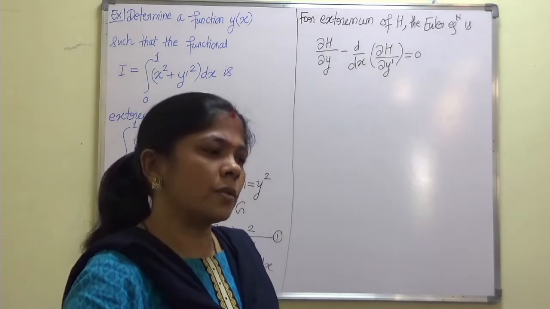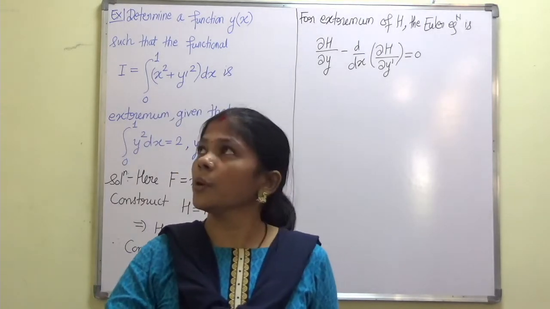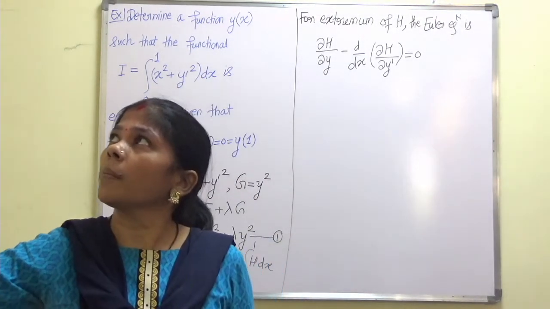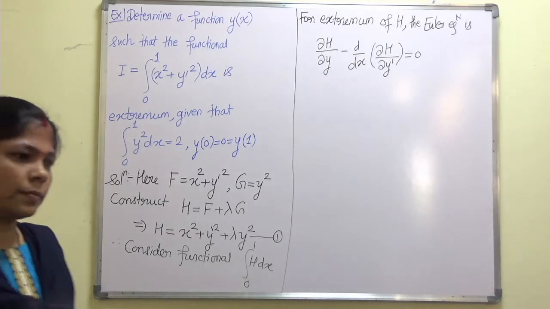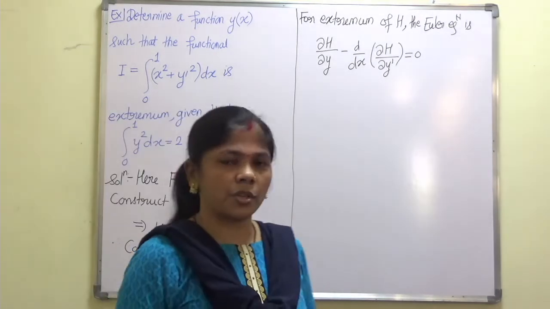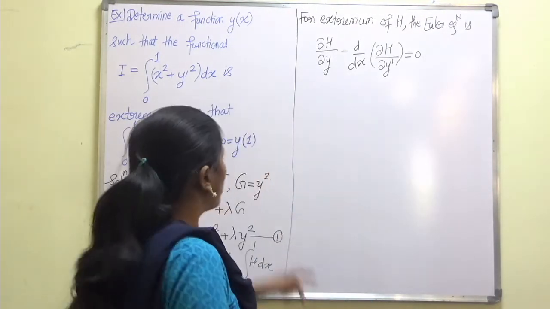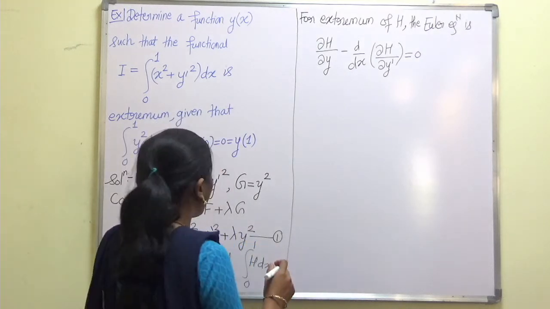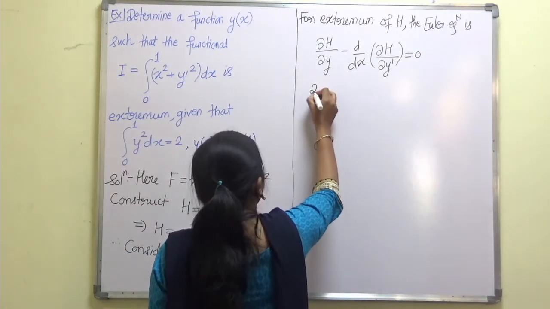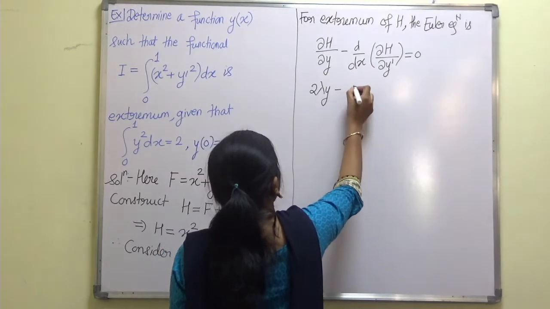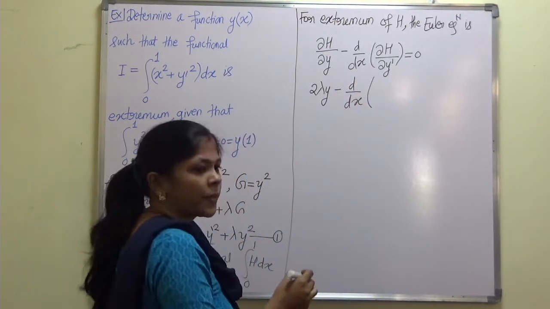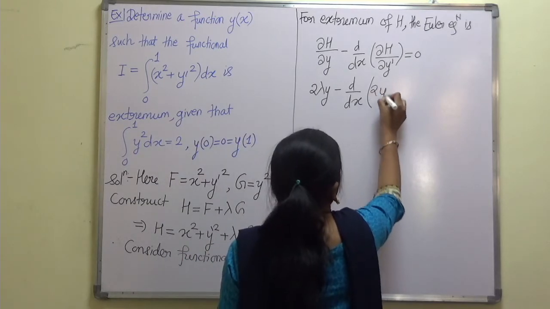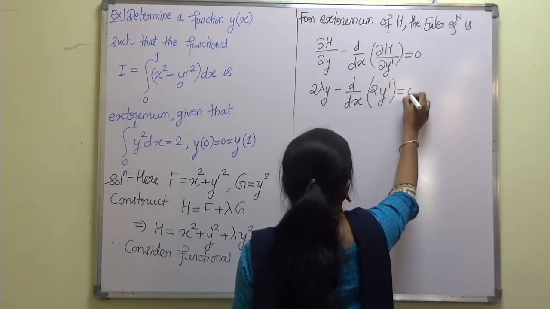This is the equation to be used for extremum of H. Now find out the derivatives. Del H by del y is 2 lambda y, minus d dx of del H by del y dash, which is 2y dash, equal to 0.